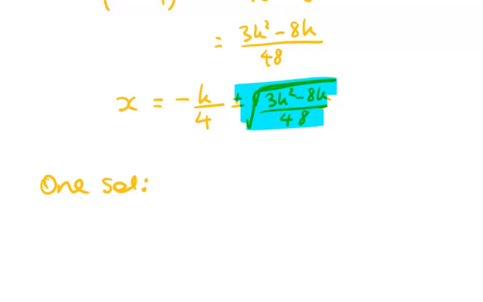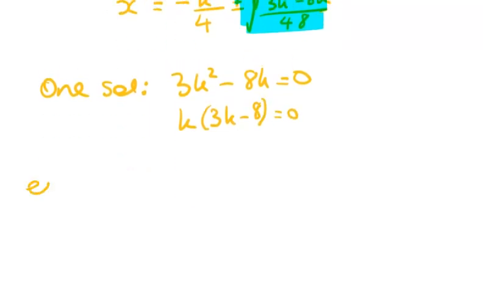So one solution means that we must have 3k² minus 8k equals 0. So k(3k minus 8) is equal to 0. That gives me two options for k. Either k is equal to 0, or 3k is equal to 8 and k is equal to 8/3.